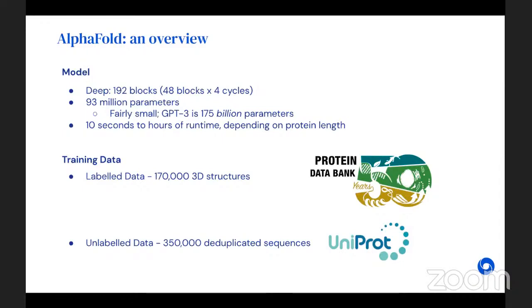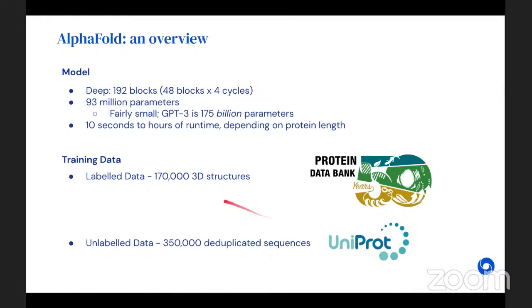It's less than 100 million parameters, whereas, for example, GPT-3 is 175 billion parameters, so 2,000 times larger. But it's also a network which takes quite a long time to run, again, by the standards of today's networks. It's tens of seconds to hours of runtime, depending on the protein length. If it's a very big protein, it will take hours. If it's a small one, maybe 10 seconds.